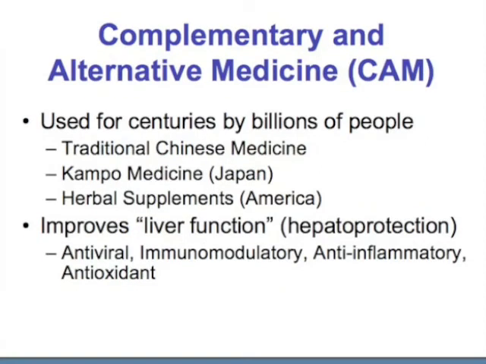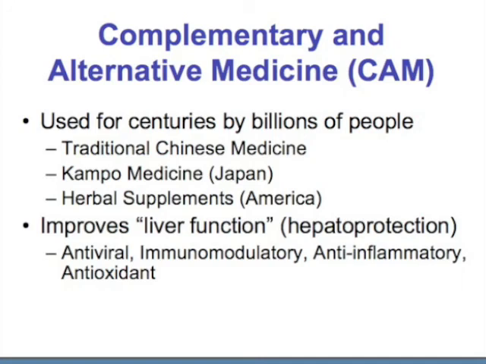And with the last couple minutes, I'd like to tell you about an alternative approach, possibly, to treating people or making people a little healthier. And this is complementary and alternative medicine. It's been used for centuries by billions of people. It comes in various forms, including traditional Chinese medicine, complementary medicine in Japan, and herbal supplements in this country.